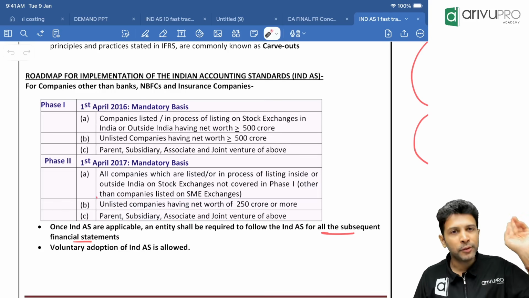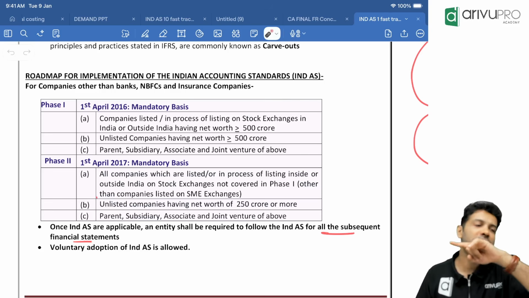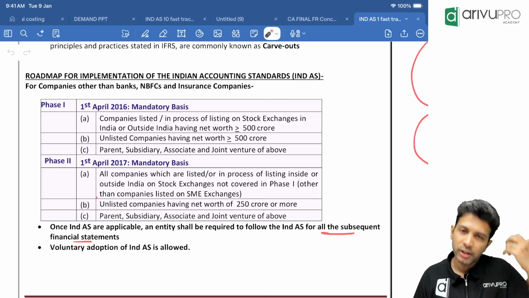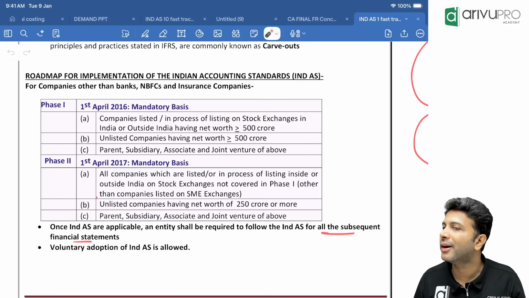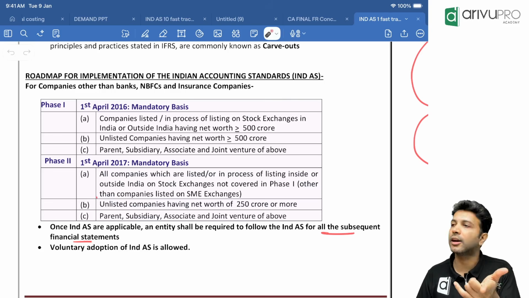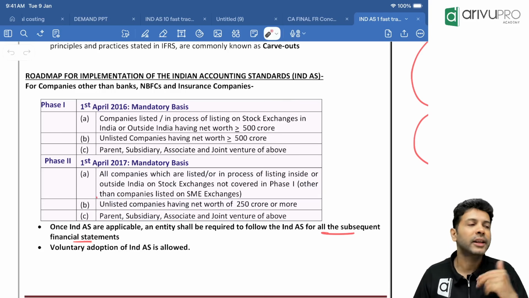Call it out once again for me. If you are a company which is not a bank, not an insurance company, and not an NBFC, then when should you apply Ind AS? Either you'll come under phase 1 or you'll come under phase 2. For phase 1, net worth should be 500 crores or more, whether you are listed or unlisted, doesn't matter. Then phase 2.